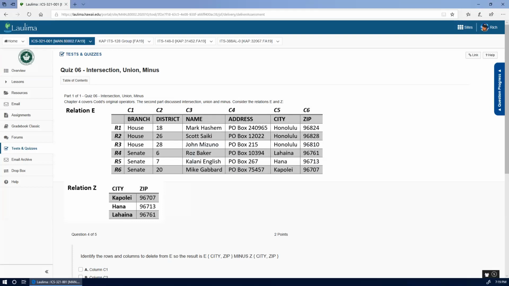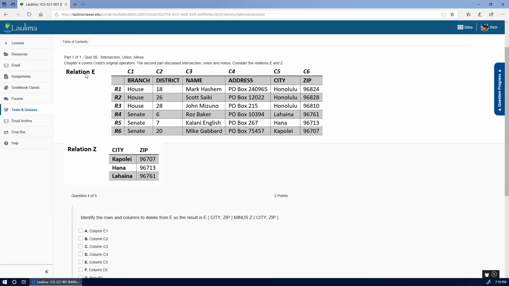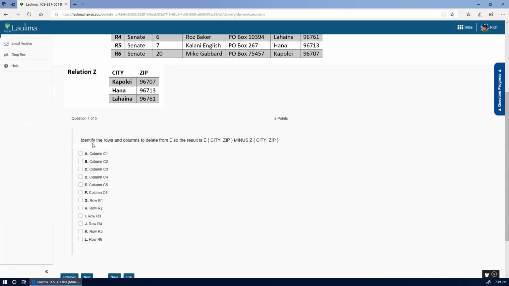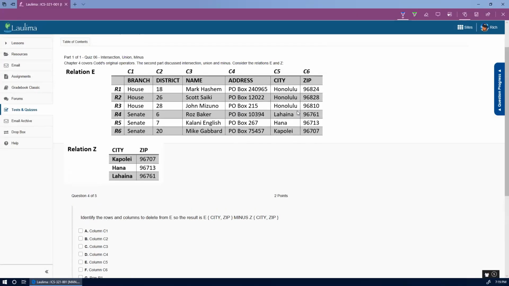All right, in this one, we've got these two relations here, E and Z. Identify the rows and columns to delete from E. So the result is going to be city and zip, so it's going to be the last two columns. So we're going to get rid of this one, this one, this one, this one.